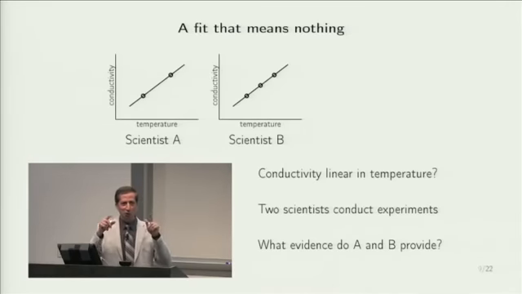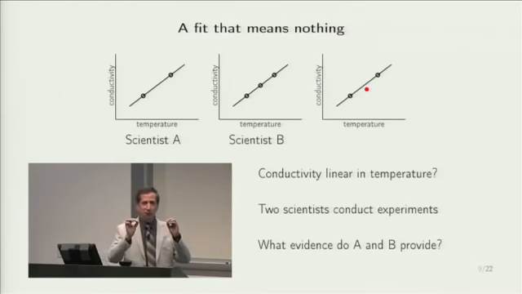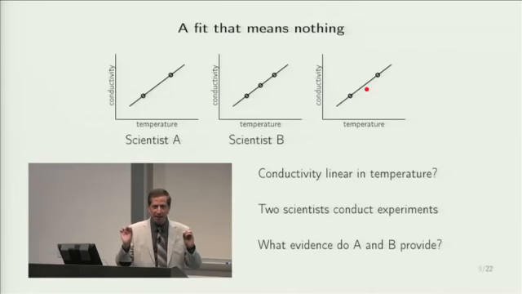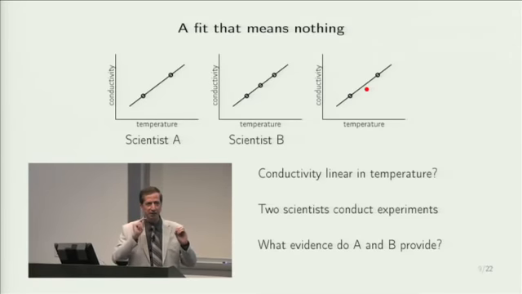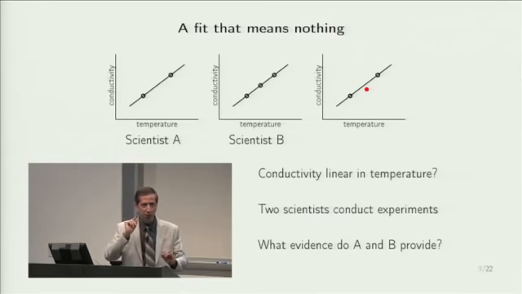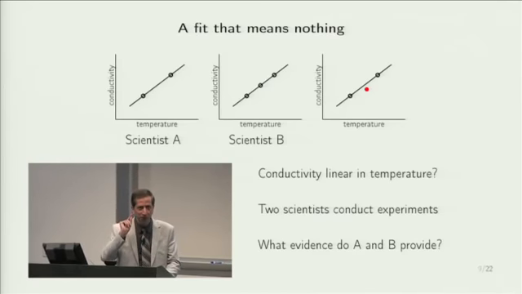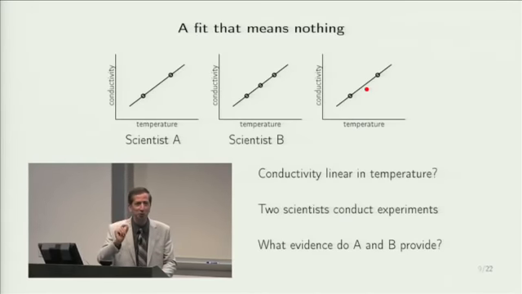So the notion that goes with this is called falsifiability. If your data has no chance of falsifying your assertion, then by the same token, it does not provide any evidence for that assertion. You have to have a chance of falsifying your assertion in order to be able to draw the evidence.